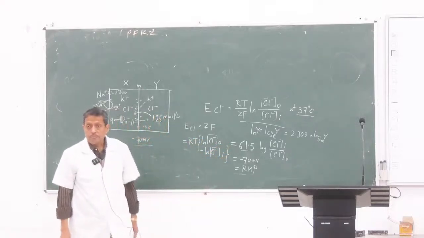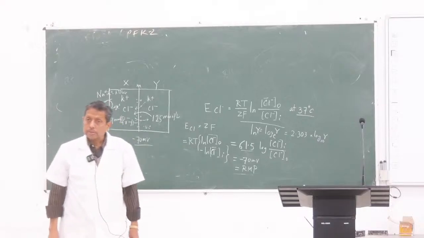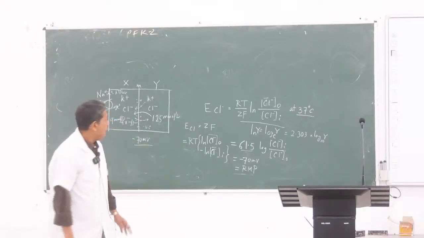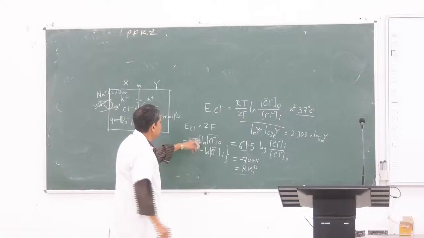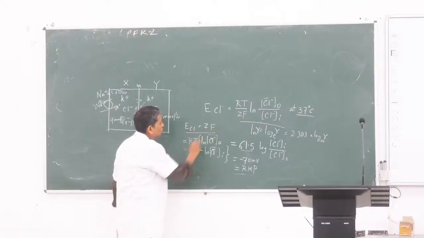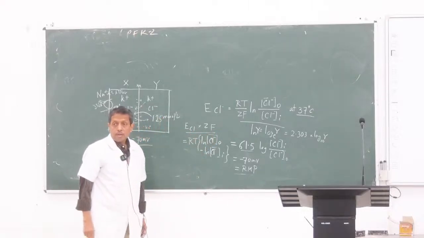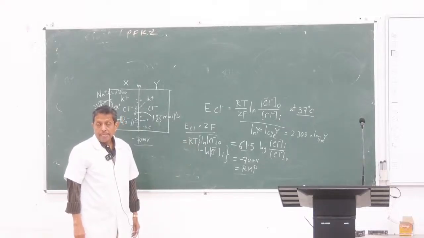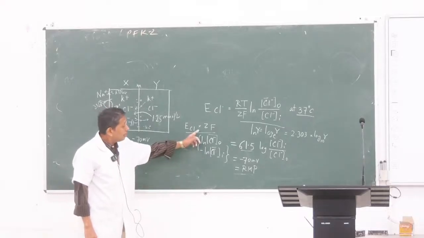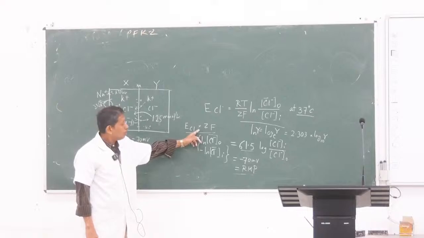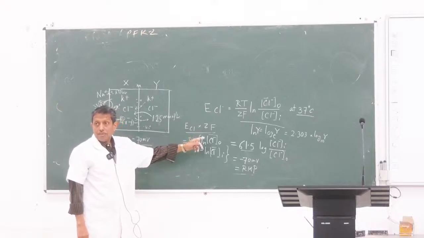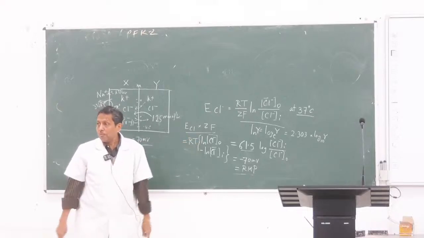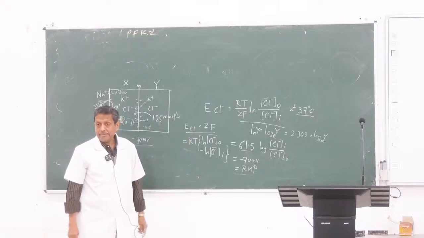You can split it here. And it is due to this concentration difference. All are expressed in energy per mole, and it is the tendency of the chloride ion to cross the membrane following the concentration gradient.